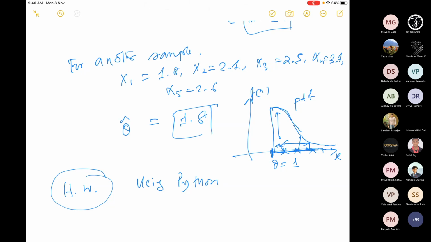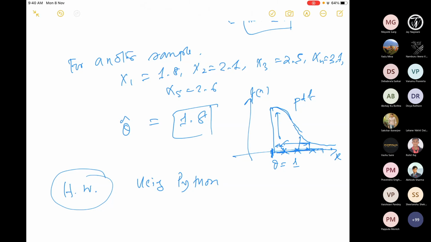You know the true value because you have generated the random sample. If you write a command in Python, it will generate a distribution with the given parameter values. Now you pick a random sample out of it. There is an inbuilt function in Python for that; you can just search it in Google to get some sample points.